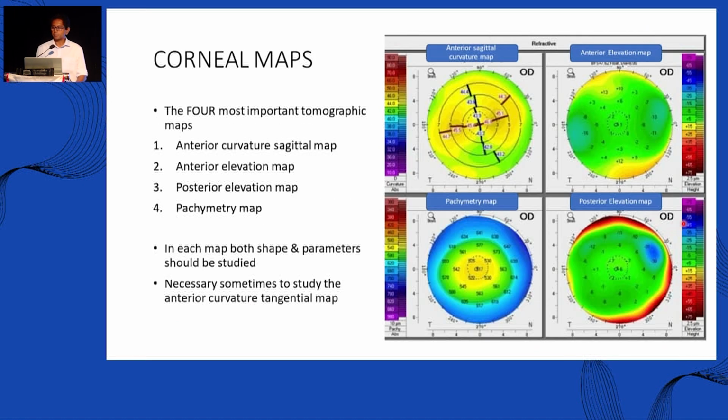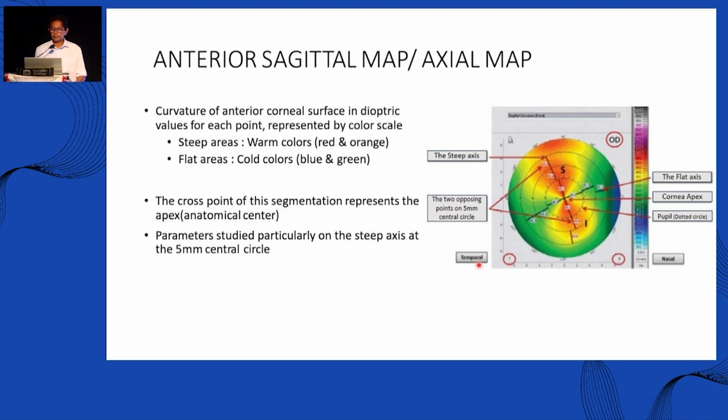Then you look at the corneal maps. It has the anterior curvature sagittal map, that's the topography report, and this is the anterior elevation map, the posterior elevation map, and the Pachy map. Anterior sagittal map, you can see the corneal topography, as I was mentioning earlier. You'll see all that, the steep axis it will show.